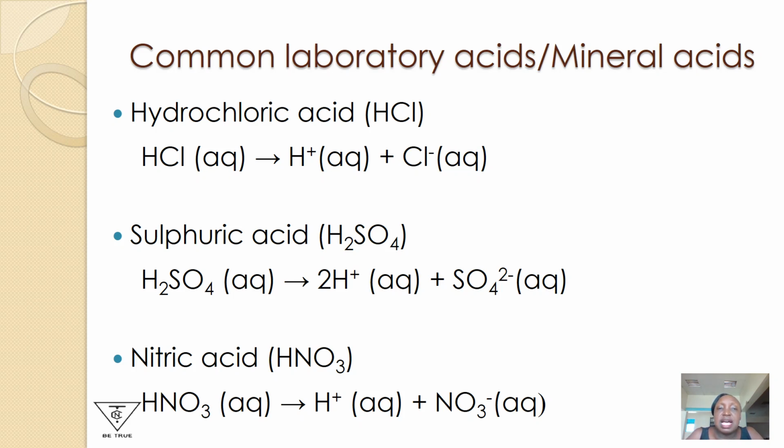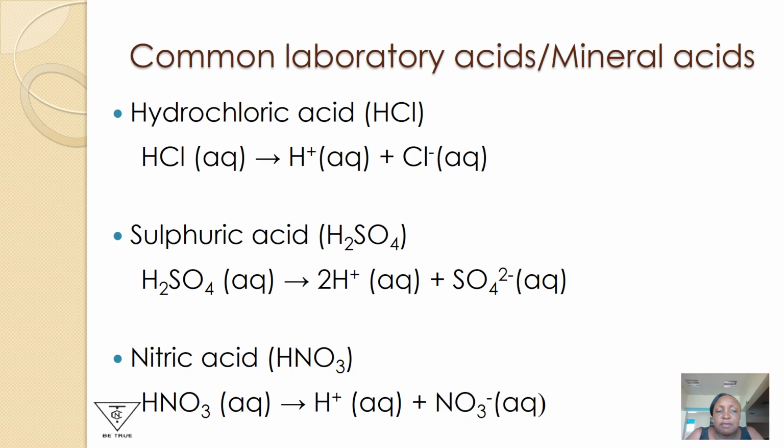Examples include hydrochloric acid. I follow this with an equation because I want you to take note of the definition of an acid as having hydrogen ions as the only positively charged ions. Then we have sulfuric acid, whose equation of ionization you can see.